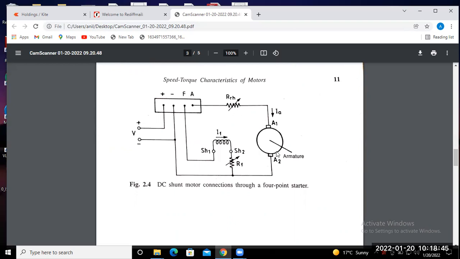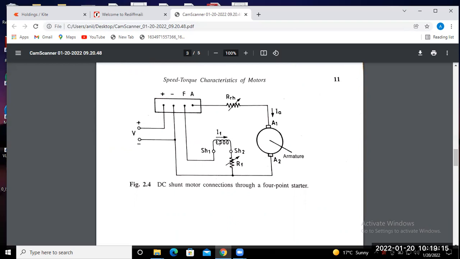This one is the armature of the shunt motor, and this represents the field winding of the motor that is connected in shunt with the armature. You will find the current flow direction in the armature winding and in the shunt field winding. IA represents the armature current and IF is the current flowing through the field winding.